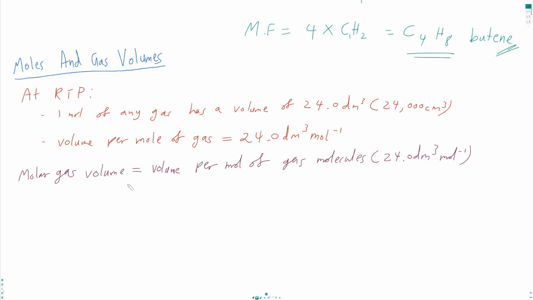So at RTP, 1 mole of any gas, whether that be hydrogen or oxygen or carbon dioxide, has a molar volume of 24 dm cubed per mole.